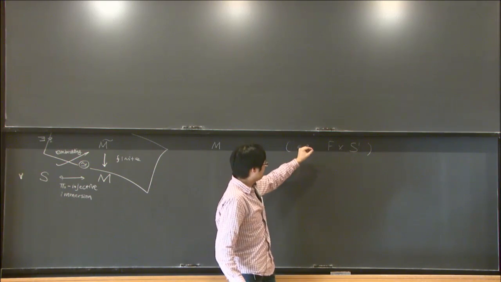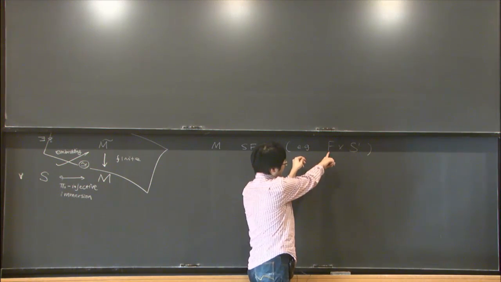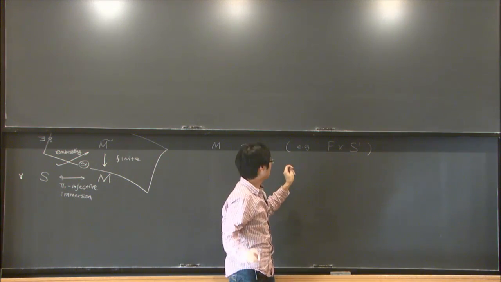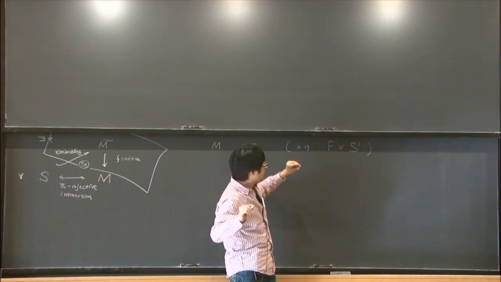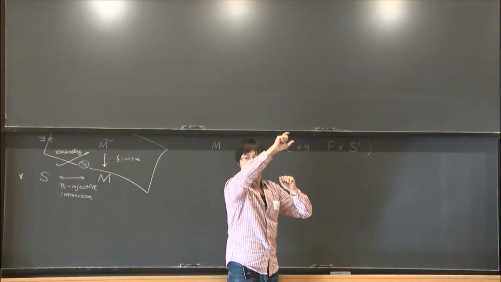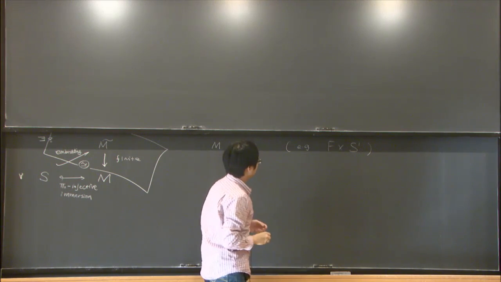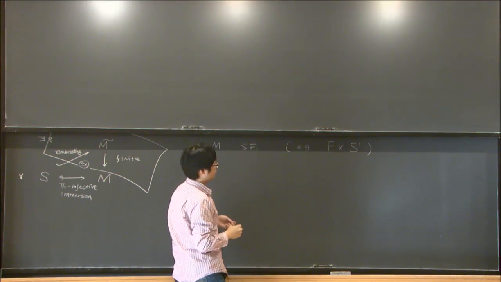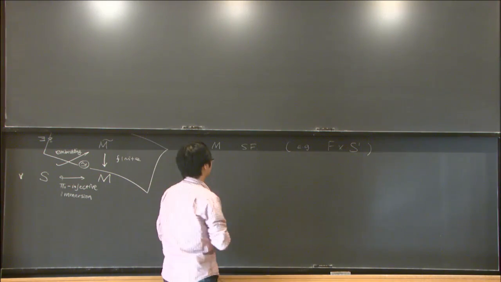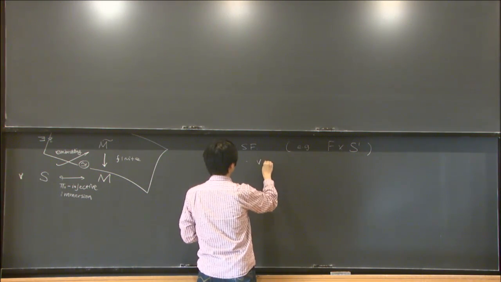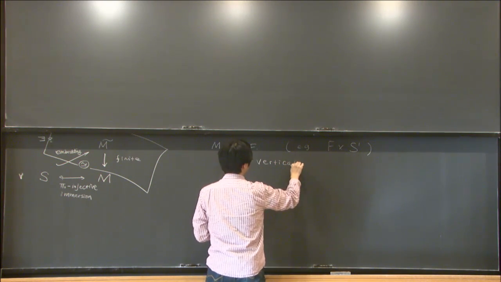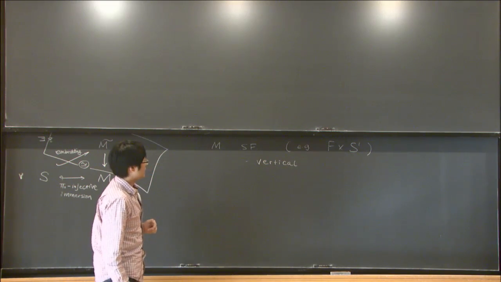You can look at a properly immersed arc from one boundary to another boundary that lies inside F. Then over it, you actually see this annulus formed by the fibers. That will give you the so-called vertical annuli. So that's one type. Vertical subsurfaces are always annuli.